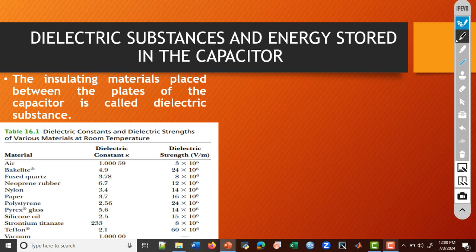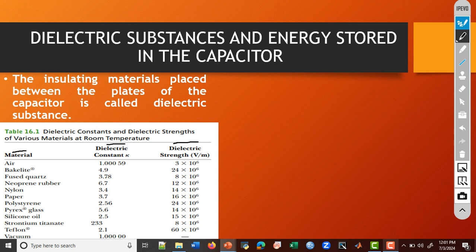So here you can see different materials, and those materials have their constants, and they also have dielectric strength. The constant for air, you can see, is 1.00059. For bakelite, you see 4.9.